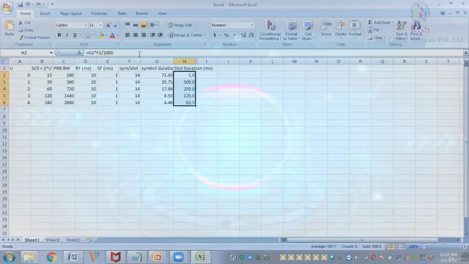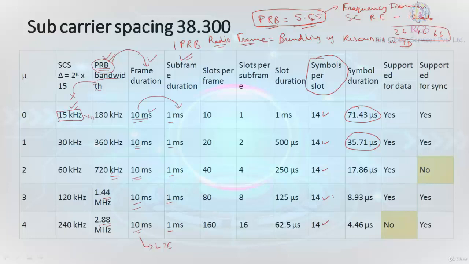So let us also keep them in microseconds only. Okay. Now we know this. We know this. We know this. We also know this. And we also know this, right?